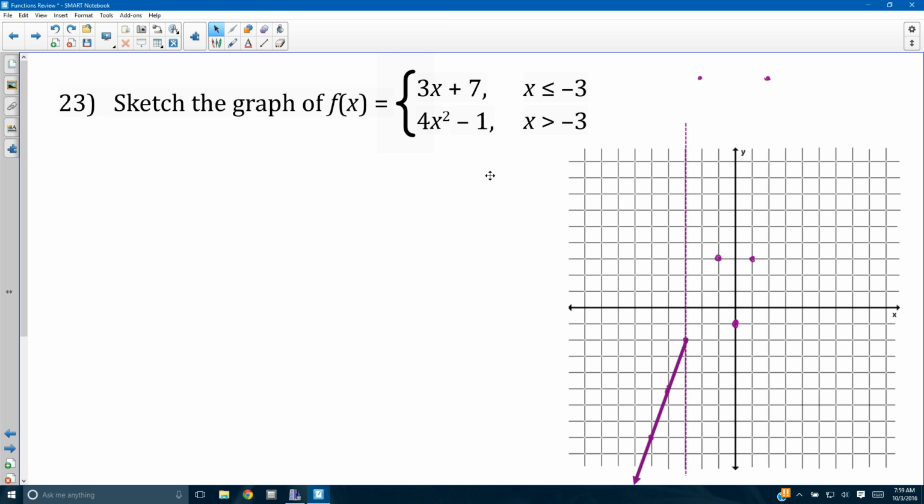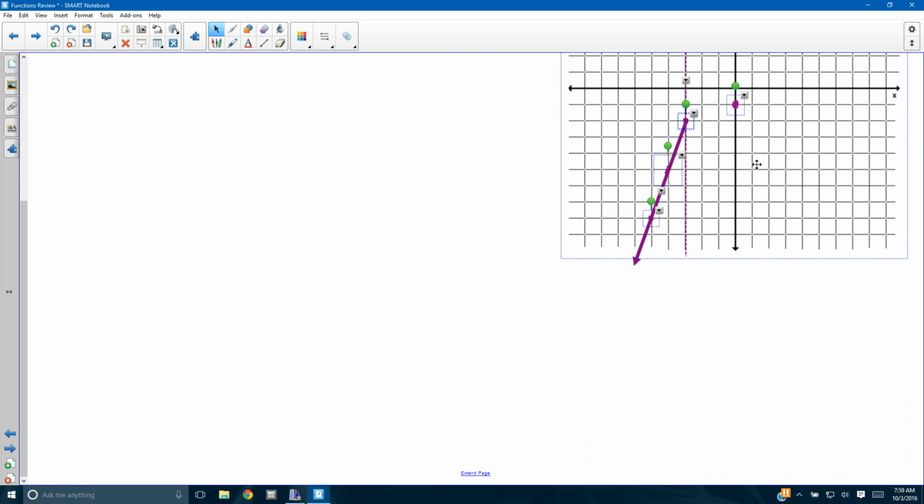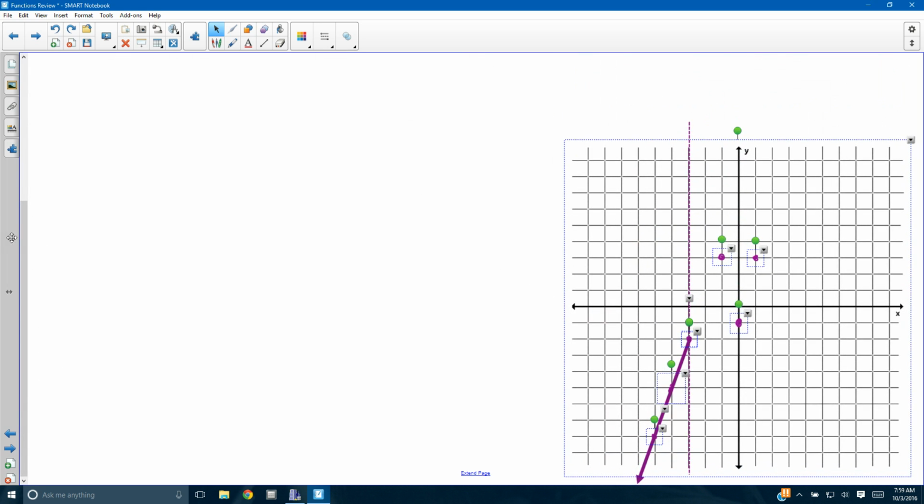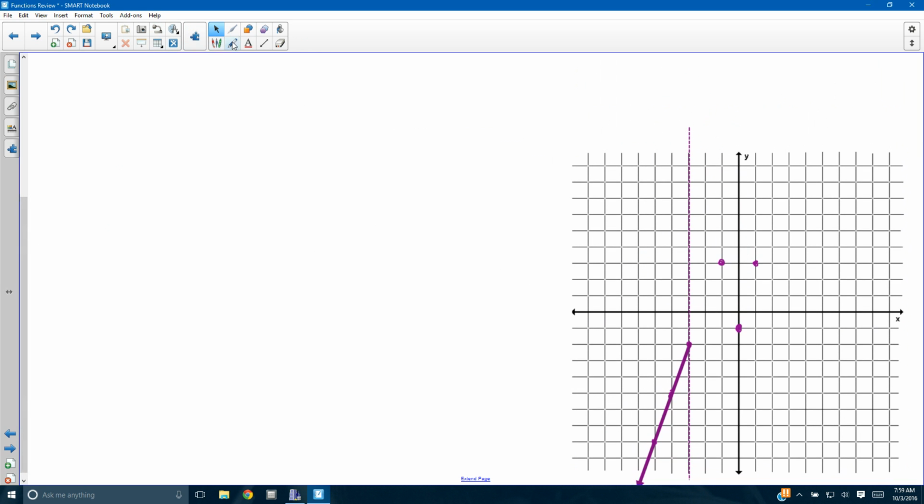Let's see if I can shift this a little bit downward for you, and actually find that other point a little better so I can at least talk about the open dot. So let's say I'm going to go ahead and plot those other points again. About right there for 2 and negative 2, and about 3 and negative 3.